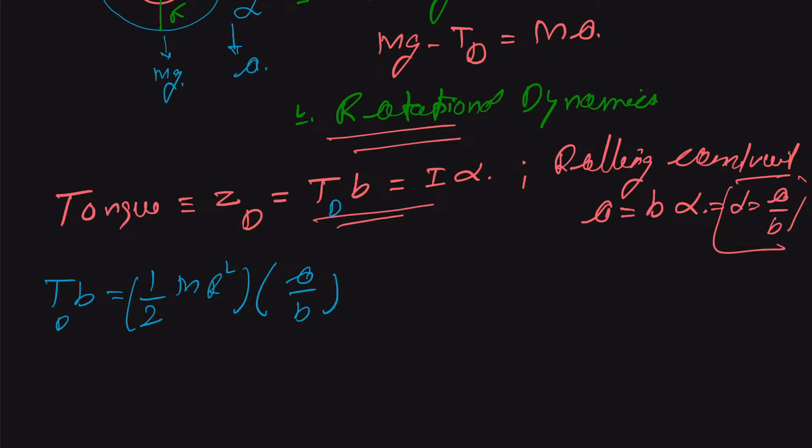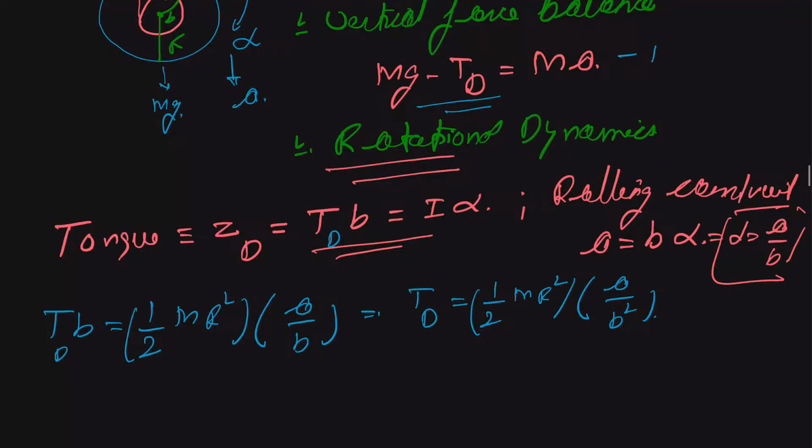Therefore from here we can say that the tension descending will be equal to half m r square multiplied by a upon b square. Let us call this equation number 1.